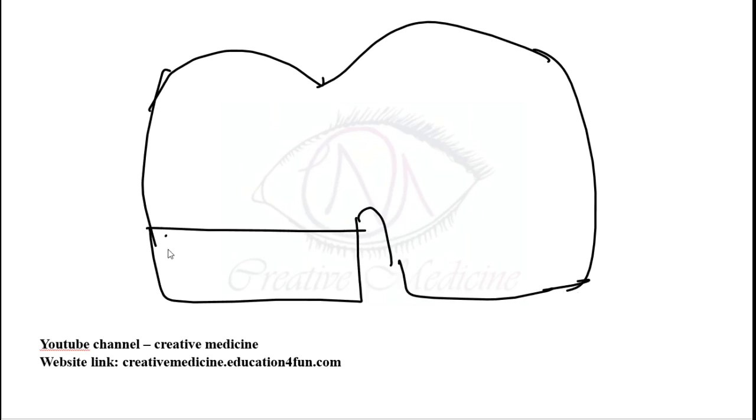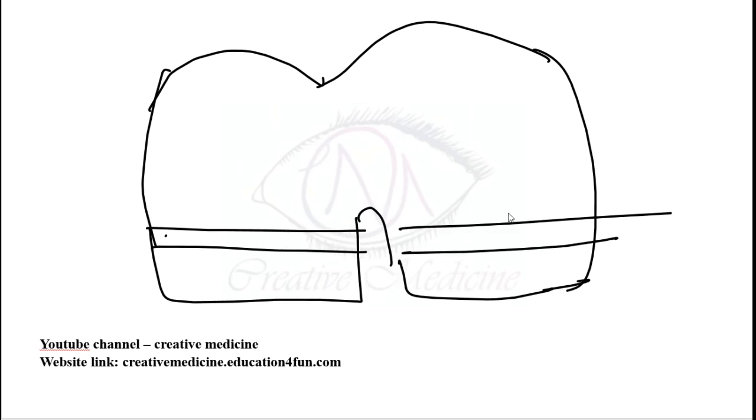Here we have substantia nigra. This all is substantia nigra. Then you can see red nucleus here. And then you can see this is the cerebral aqueduct in the midbrain.